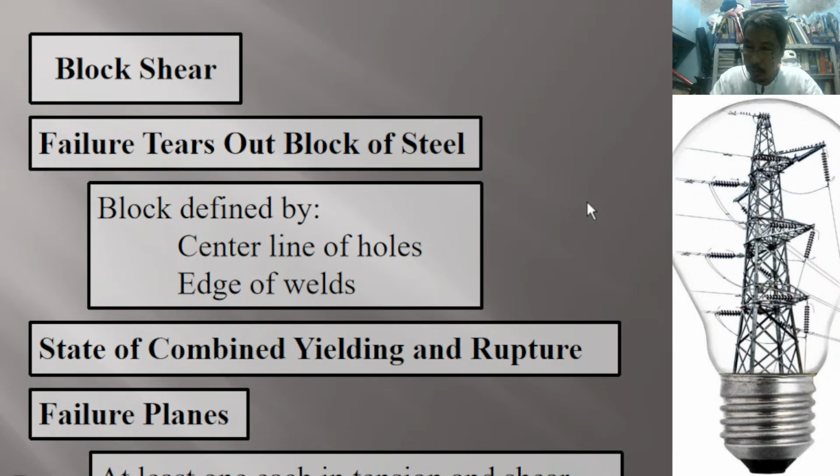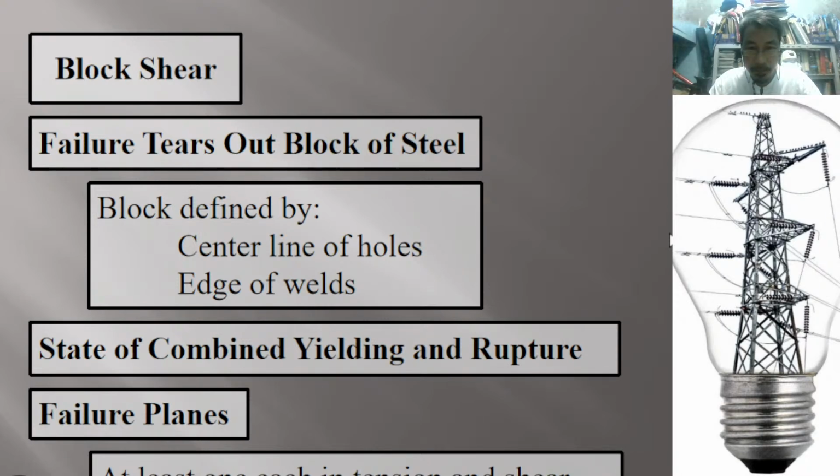Okay? So usually, or sometimes, the failure is not in the very ideal way, wherein it is failing on the transverse axis.